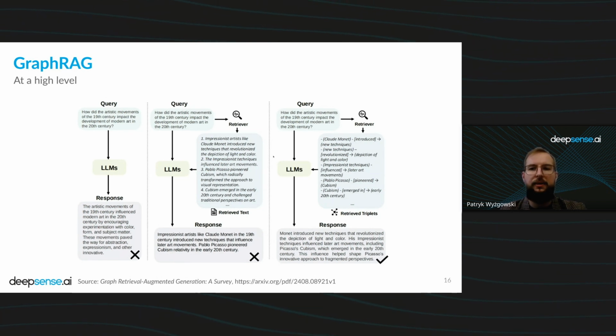It does really better than the LLM itself, but it struggles to emphasize the relationships of influence, which is actually the core of the question. So GraphRAG actually mentions the entities and relationships explicitly, and it enables a precise answer by retrieving relevant structured information.